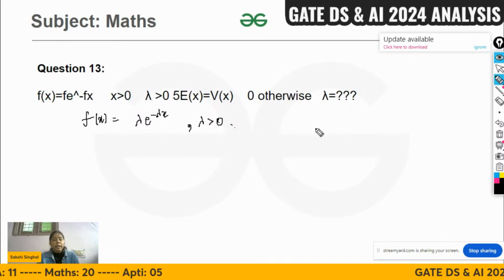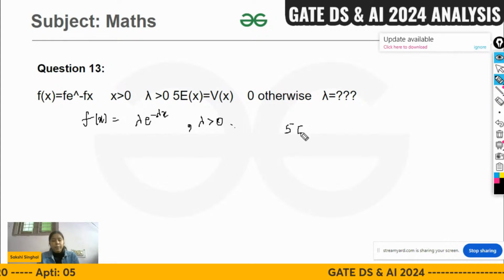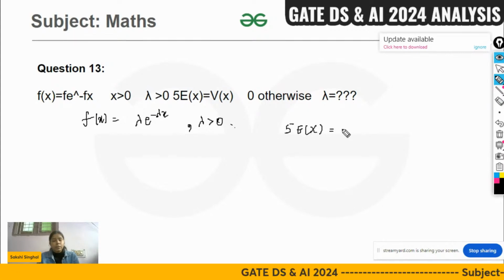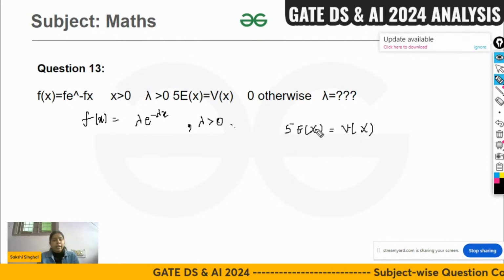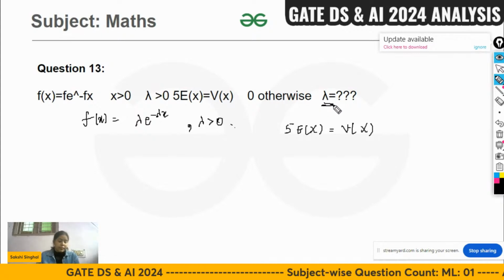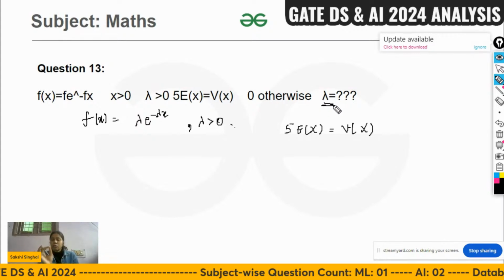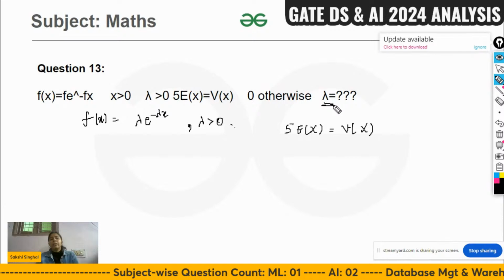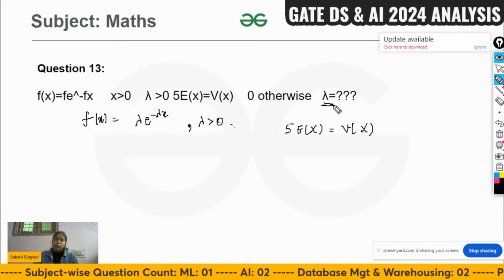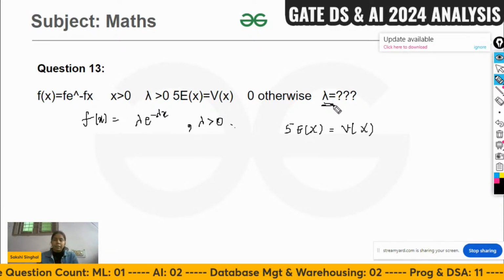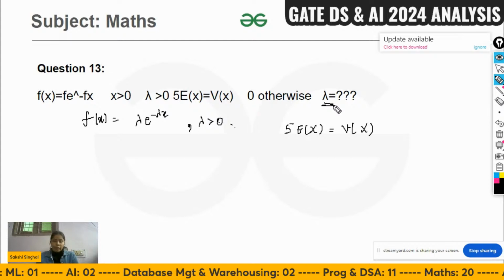Now they have given that 5 into expectation of x is equal to variance of x. Then I have to find the value of lambda. Again, guys, this is a question based on whether you remember the expectation and variance of the exponential distribution and the probability density function, then you would be able to solve it.